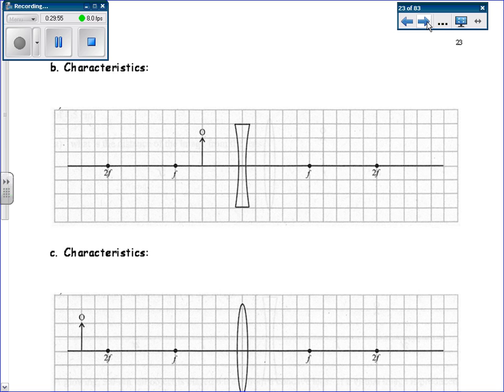This is our object here. So our first rule is that a ray that is parallel to the principal axis refracts as if it's coming from the focal point. So it refracts as if it's coming from this focal point, and that ray will be virtual.